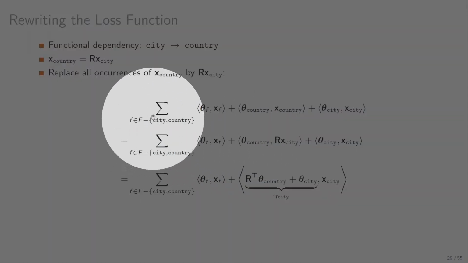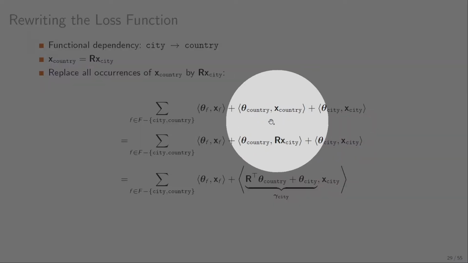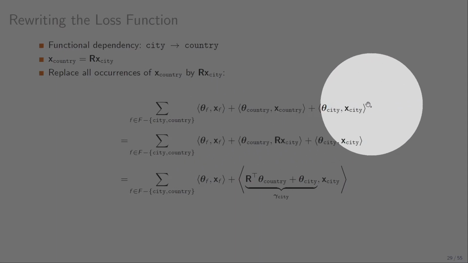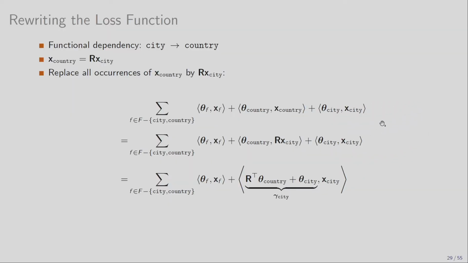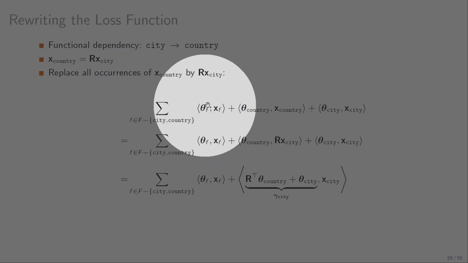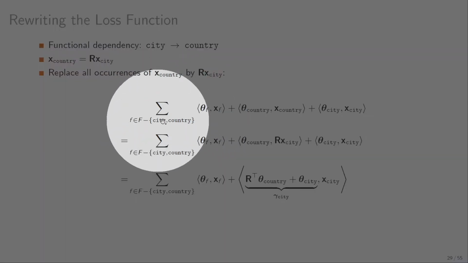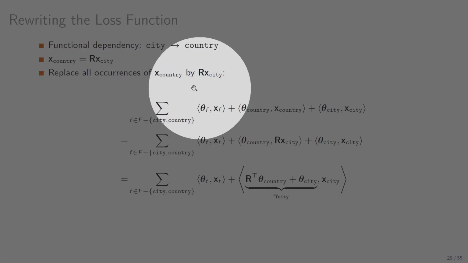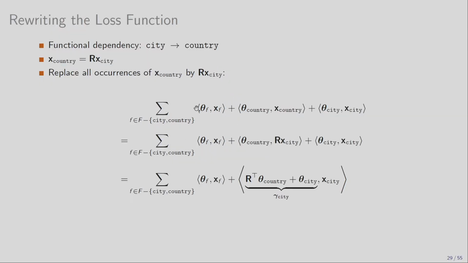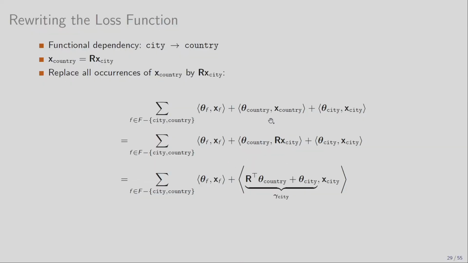So this is in fact our model, and we say, the model is a dot product of the parameters theta with the features x. Let's actually isolate away those features that do not talk about city and country, and have separately those that talk about city and country. Okay?